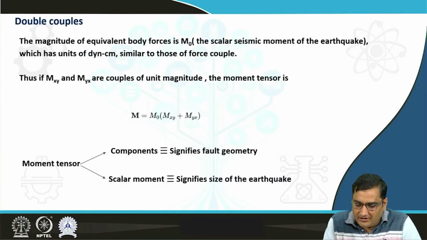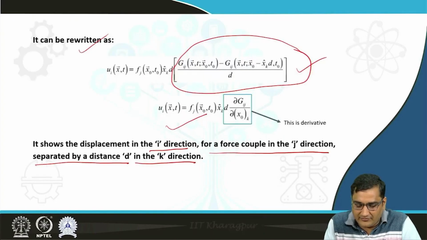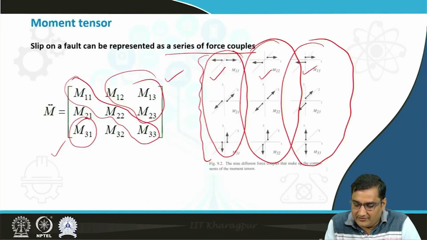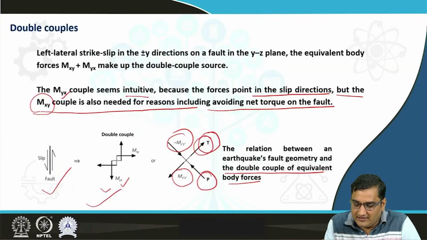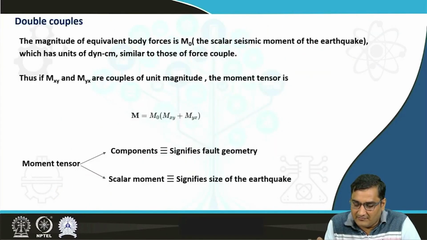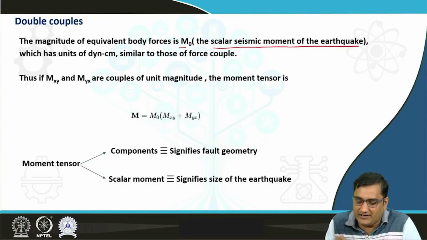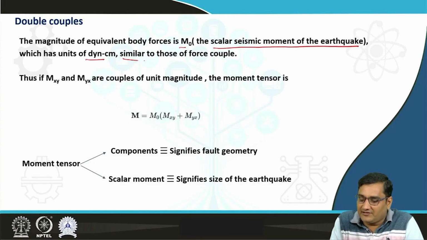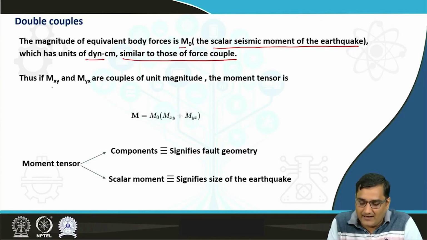Since we are talking about the force and the sources, and we have talked about the single forces and double couple, for the double couple itself we can represent the magnitude of the equivalent body force as M0. This is your scalar seismic moment of the earthquake, which has unit Newton-meter, similar to those of the force couple. The Mxy and Myx are couples of unit magnitude.